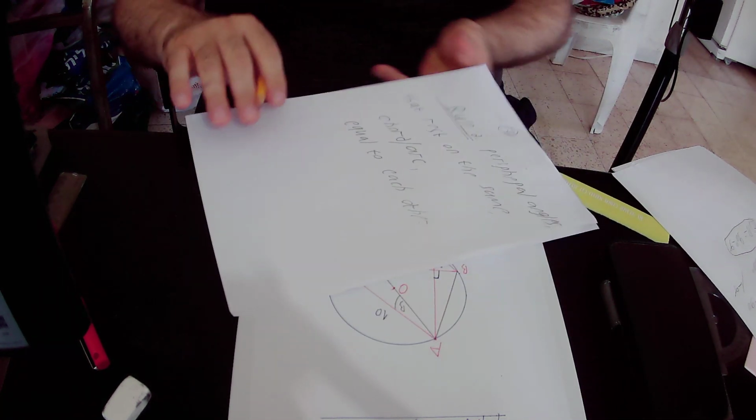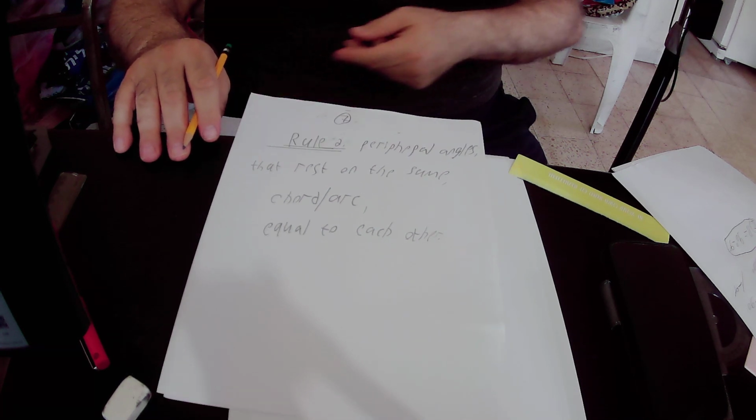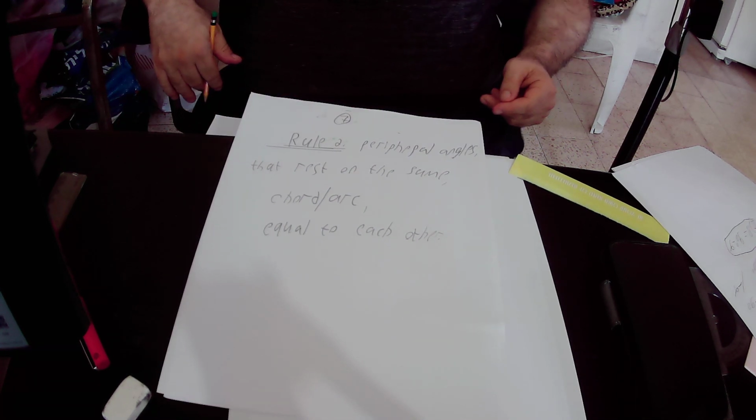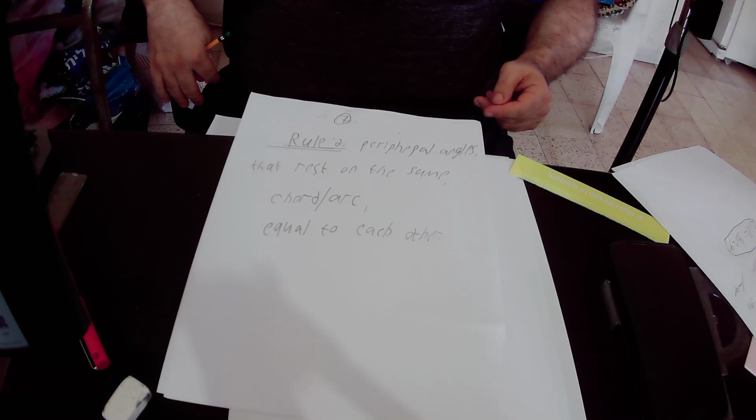I will read again rule number 2. Rule number 2 states that peripheral angles that rest on the same chord or arc are equal to each other.